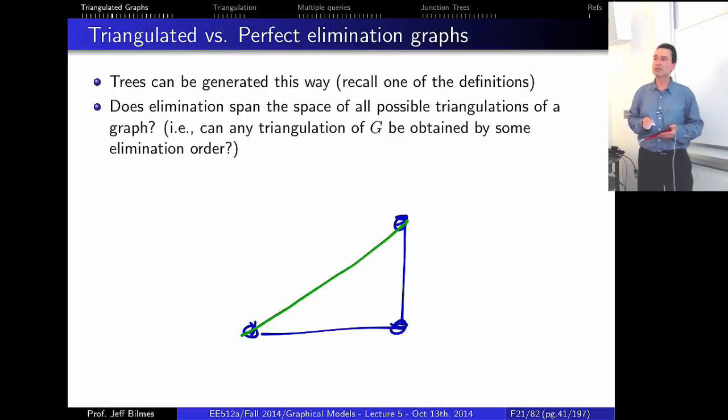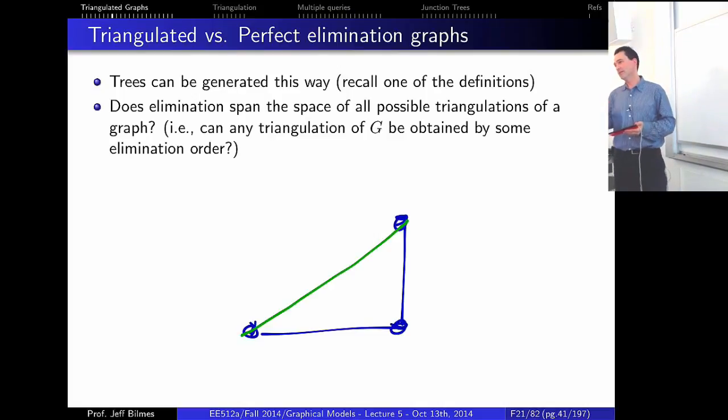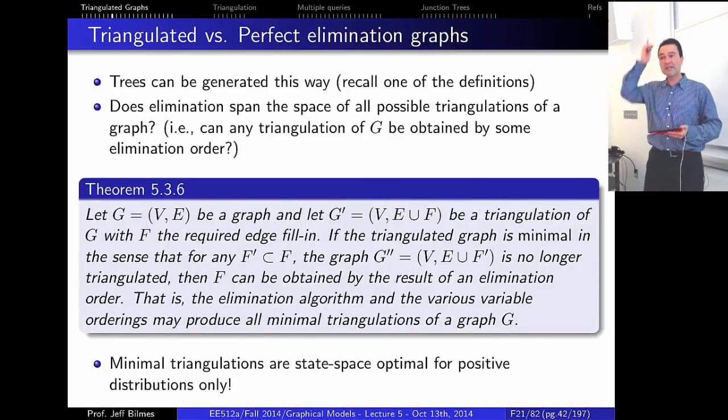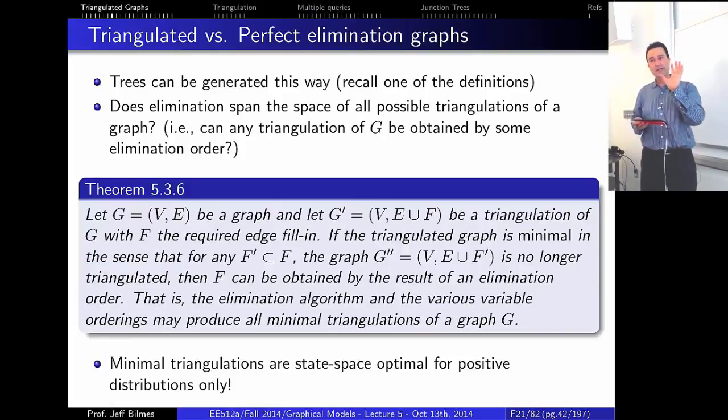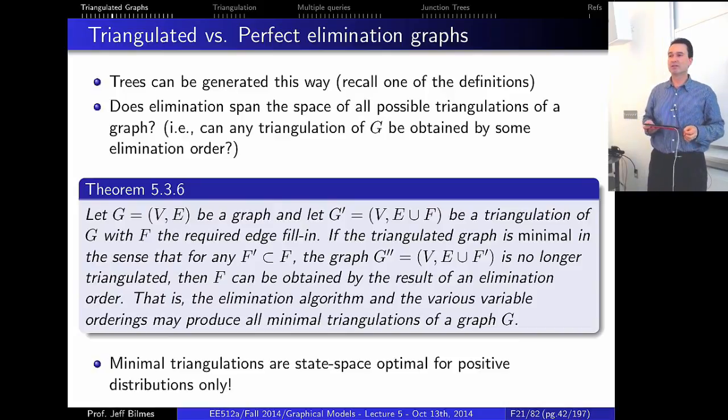Okay, go ahead. Could you get a minimal triangulation? Yes, that's the next theorem. So that might seem like a limiting characteristic of elimination. But it turns out that elimination has the property that any minimal triangulation, exactly as you just suggested. Now, what is a minimal triangulation? A minimal triangulation is one such that the removal of any edge renders it no longer triangulated.